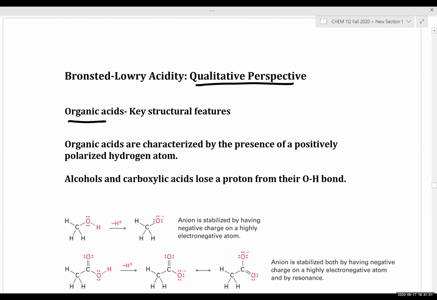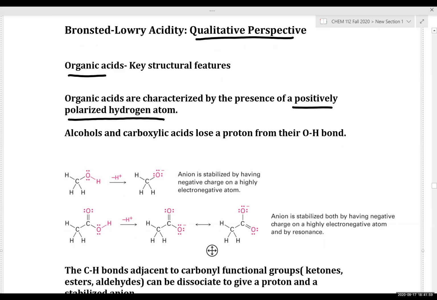Organic acids are characterized by the presence of a positively polarized hydrogen atom. In general, alcohols and carboxylic acids will lose a proton from their oxygen-hydrogen bond. So in both of these cases, we have a positively polarized hydrogen atom.